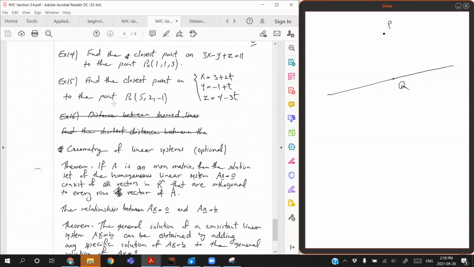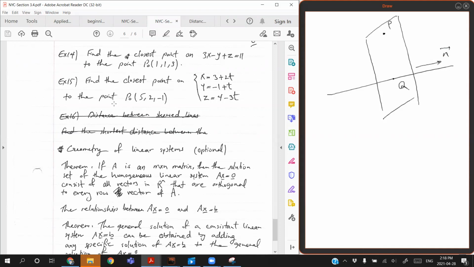What you can do is you can find an equation of a plane that passes through P and is orthogonal to the line. How do you do that? You can write a point normal equation because you have a point and you have a normal. A vector that is parallel to the line is going to be orthogonal to the plane. So use this as the normal vector.